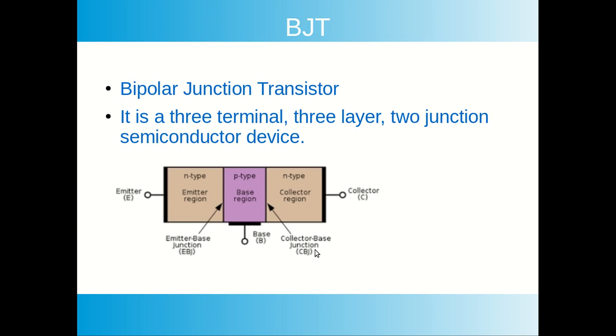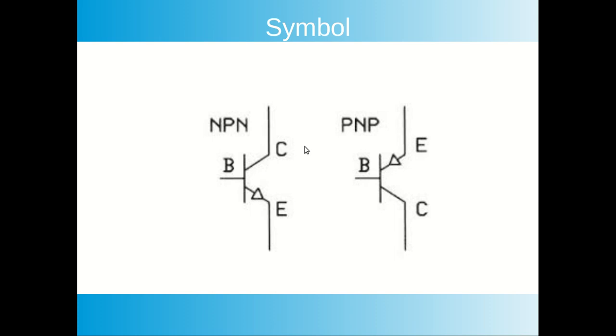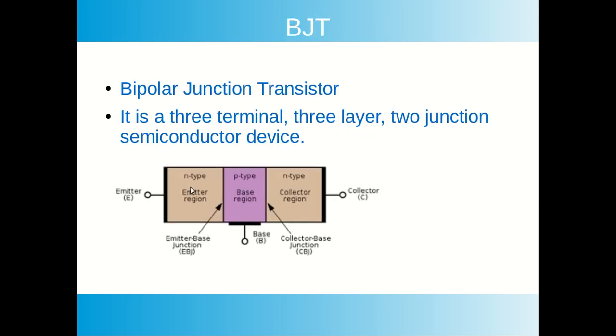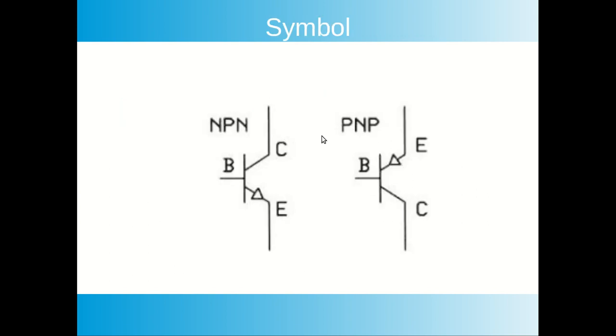Junction 2 is known as the collector base junction. Now the symbols of the different types of BJTs: one is the NPN BJT. If we have NPN type of layers, then it is an NPN BJT. If we have PNP regions, then it is a PNP BJT. In the NPN BJT symbol, the current direction is from base to emitter, and for PNP the current direction is from emitter to base.